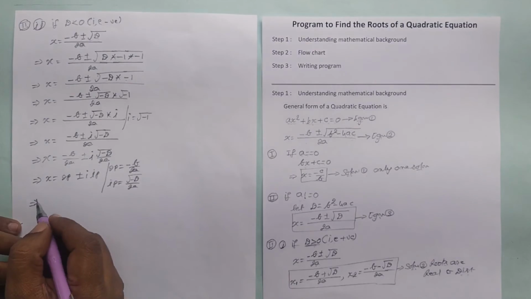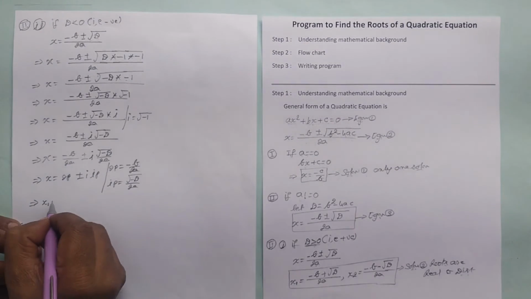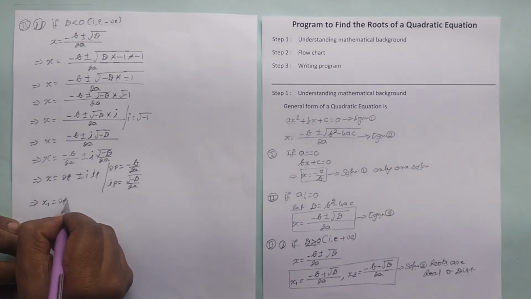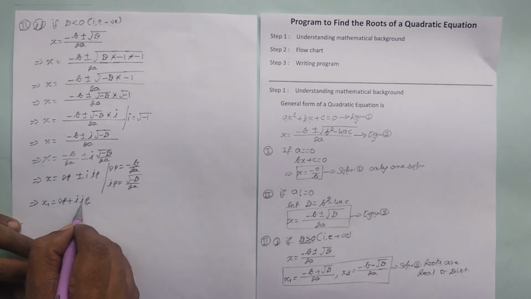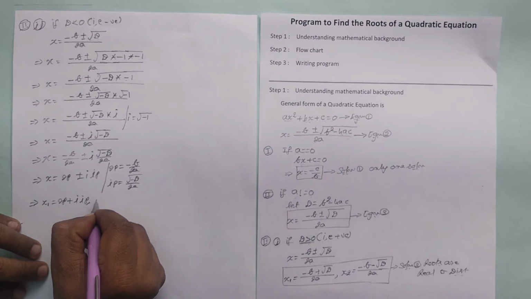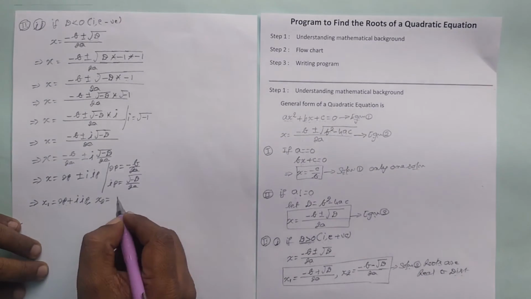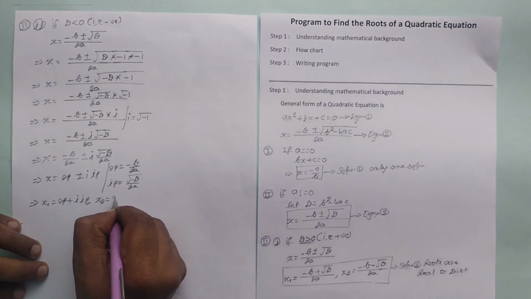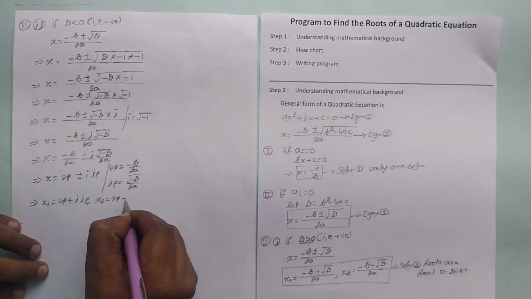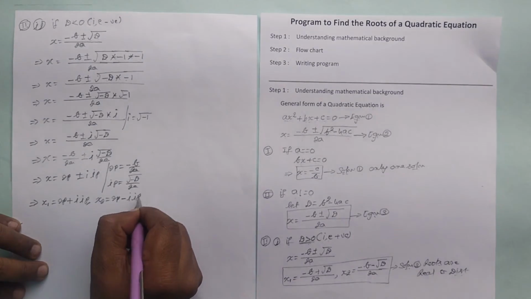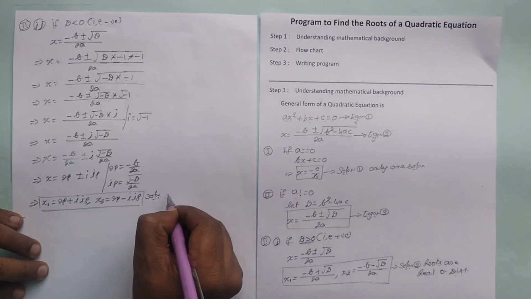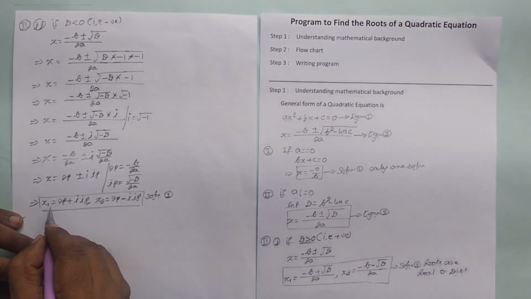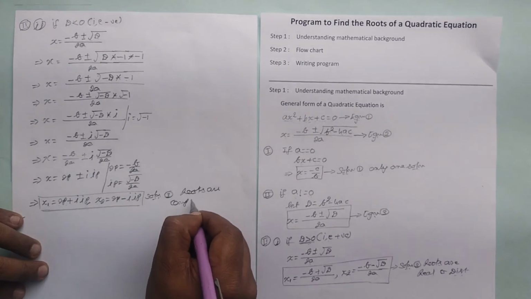Finally, let us go for the solution. x1 is equal to rp plus ip. This is the first solution. The second solution is x2 equals rp minus ip. This is solution number 3, where x1 and x2 are complex and distinct.